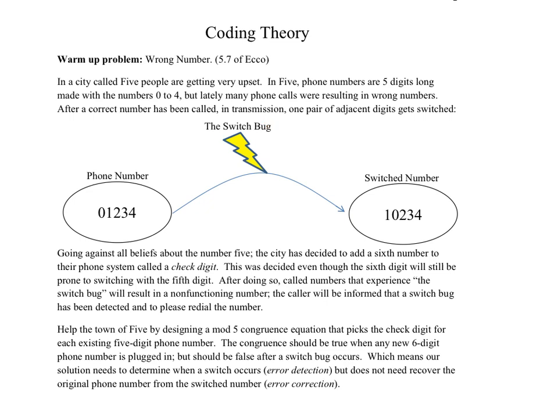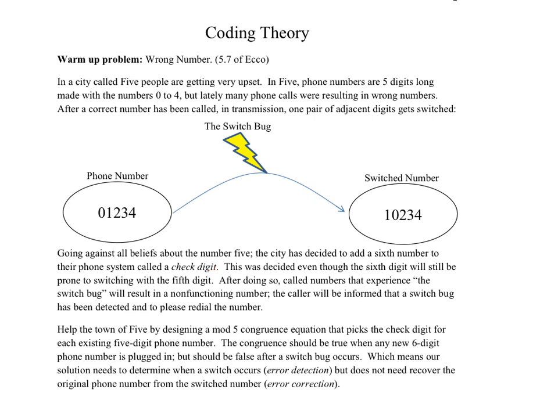This town of 5 does worship the number 5, but this problem has gotten so bad with the switching that they're going to go against all of their beliefs and add a 6th digit to the phone numbers. When this is done, in coding theory, we call this a check digit. A check digit is an extra digit that's being added.